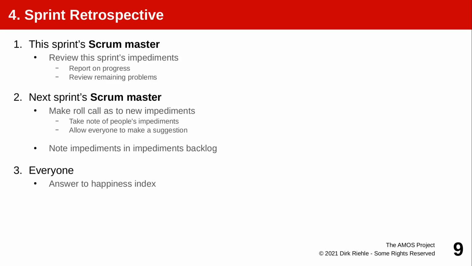After release, it's not quite time to celebrate finishing the sprint yet. You do a sprint retrospective. Here, it's the Scrum Master's role. The Scrum Master of the current outgoing sprint will report on whether they were able to solve some of these so-called impediments, that are process problems that the team might have.